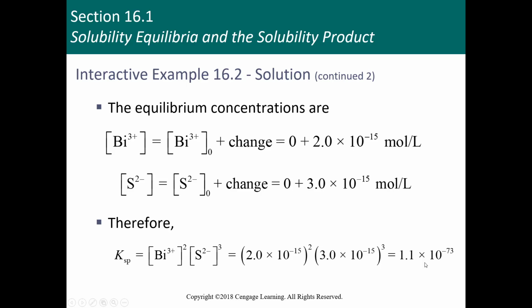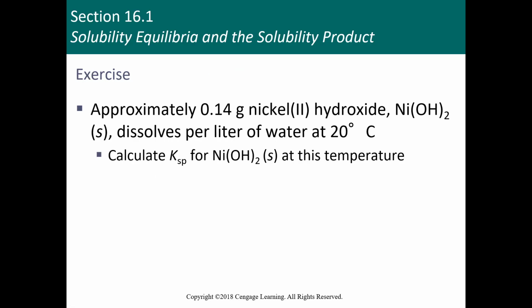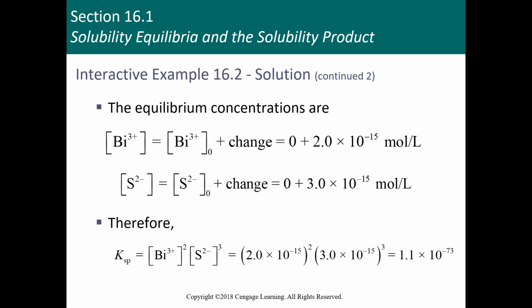So 1.1 times 10 to the negative 73 is going to be your KSP. Notice that KSP is ridiculously small. These have a really incredible range in solubility products. You can have negative 70s, negative 90s, hundreds.